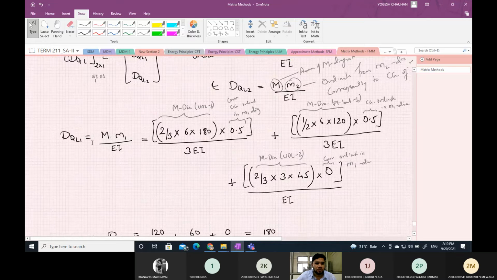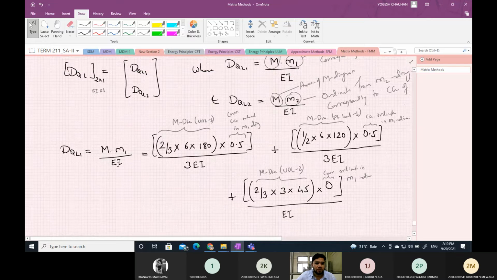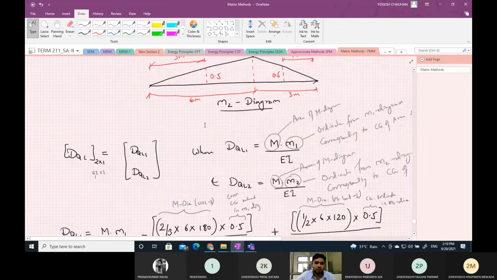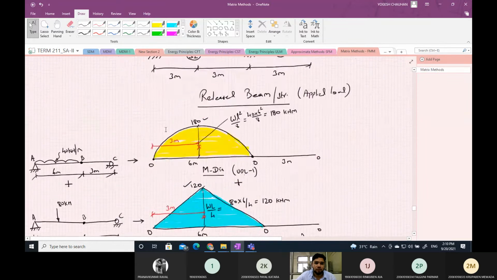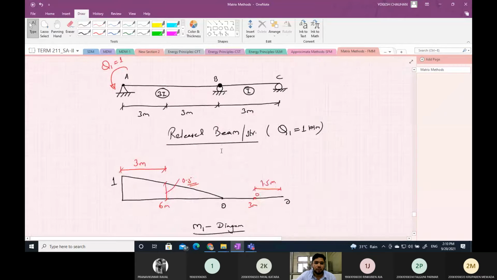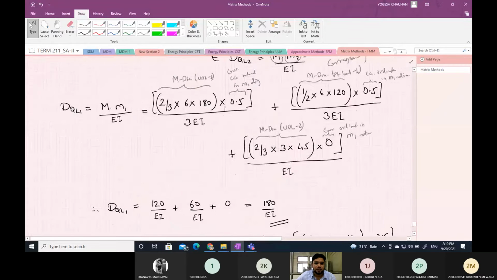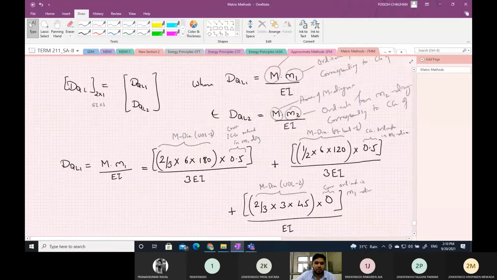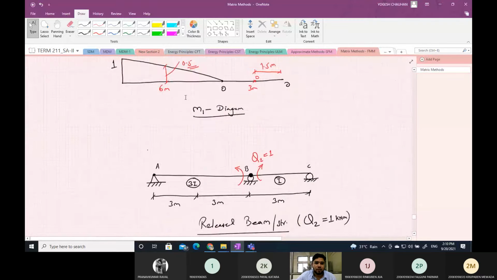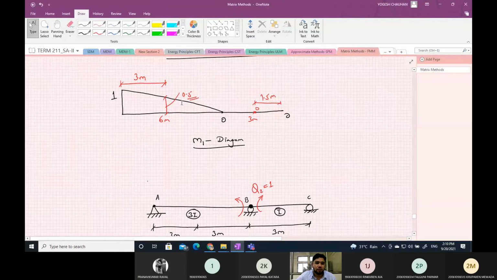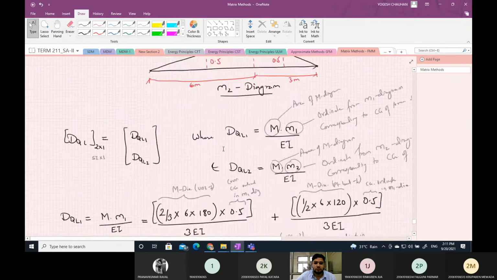So the same thing we are doing here. DQL1 will be capital M small m1 by EI. So 2 by 3 into 6 into 180. It is the area of the M diagram for the UDL, the portion hatched in yellow: 2 by 3 base into height, and its CG will be at 3 meters. The ordinate at 3 meters in the m1 diagram is 0.5, since it is 1 at 0 and 0 at 6 meters.